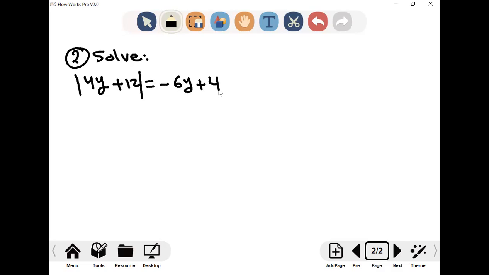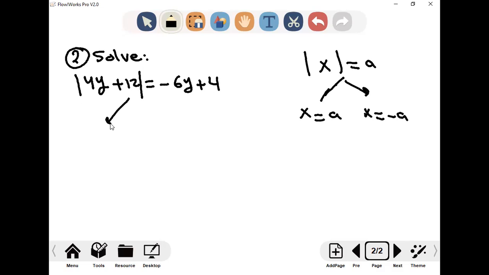Okay, here if you remember we have absolute value. Now in the absolute value, first you need to be sure that it's alone, right? And here it's alone. In this case, if you remember, we did this idea: if absolute value of x equals a, then x can be a or x can be negative a, right? We apply it here.